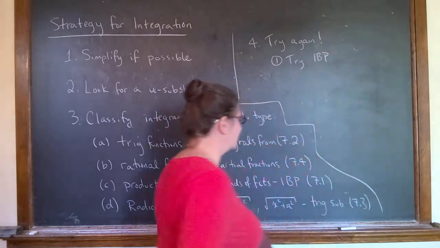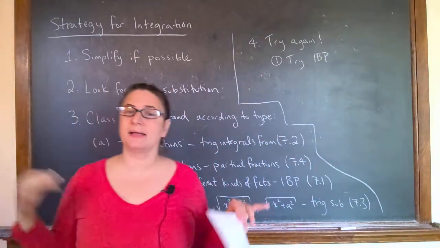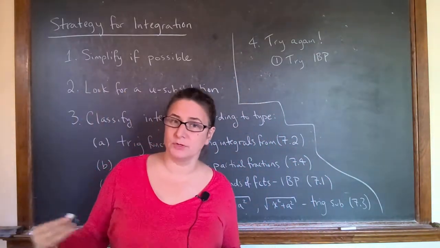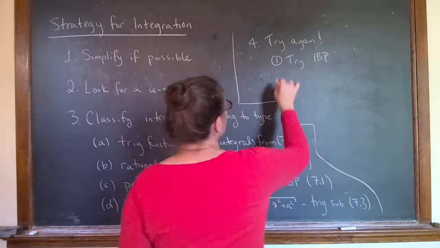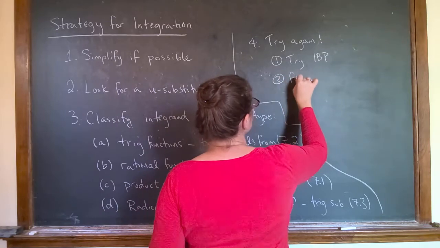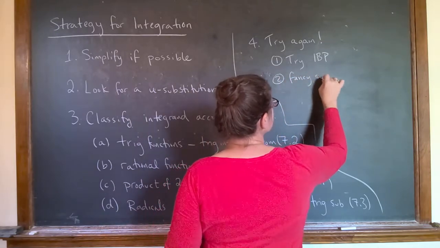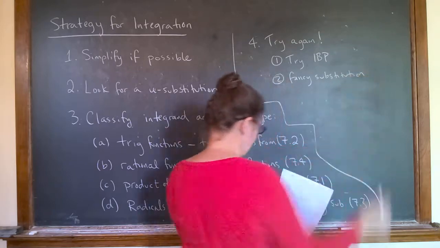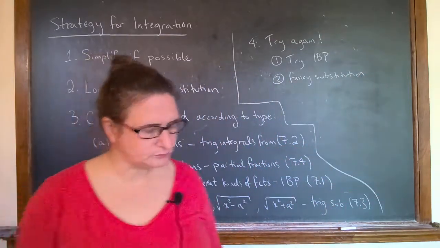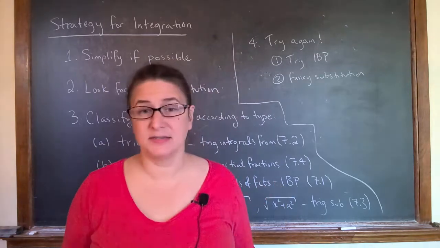And if you already tried integration by parts, you might go back and try integration by parts with a different choice of u and dv. Also possible. You might try some fancy substitution. What do I mean by a fancy substitution?